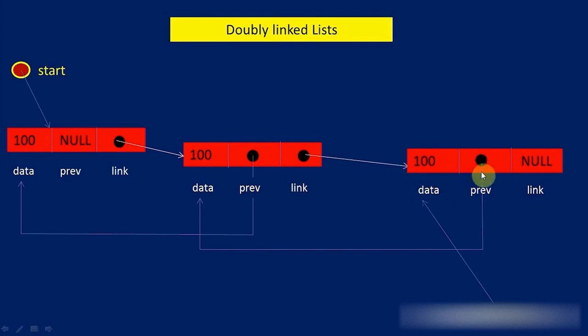And see carefully, the prev of the third node is containing address of the second node, because the second node is the previous node of the third node. And naturally, the link of the last node would contain null because there is no next node in this case, and end is containing address of the last node.